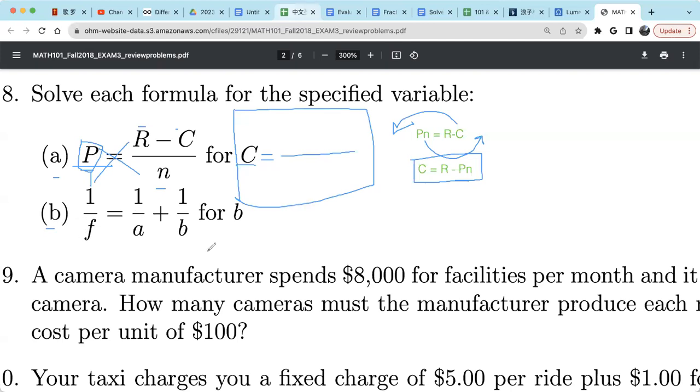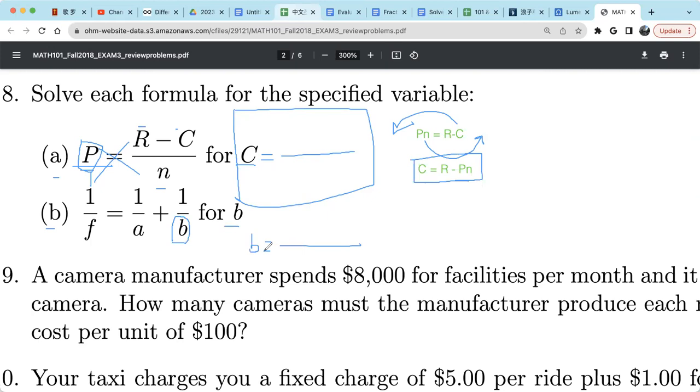Now let's see B. We want to solve for B, right? B is hidden here. We want to be able to write B equals a representation of the rest in terms of A and F. So how do we do that?